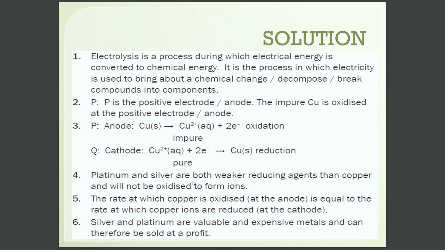It is a process in which electricity is used to bring about a chemical change or decompose or break compounds into components. So this is a very good definition because it breaks down and explains everything that is involved here.